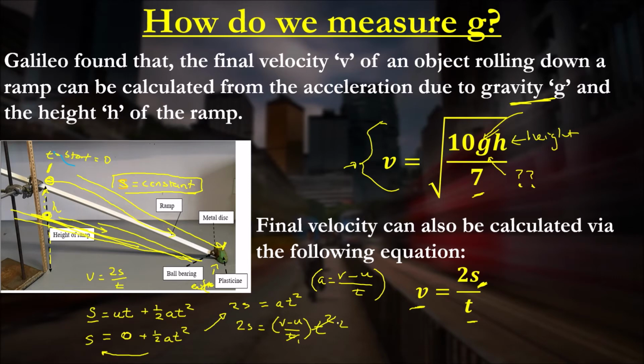Well, not quite cancel, but you'll still be left with a t. And we also know that u is still 0. So I'll just give myself a bit more space here. The new equation will look something like this. And then if I just rearrange it, 2s over t equals v, that's exactly what we get there. So that's how we got that equation.